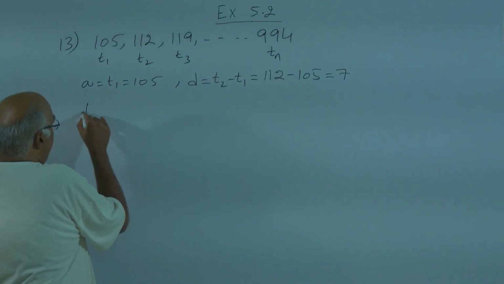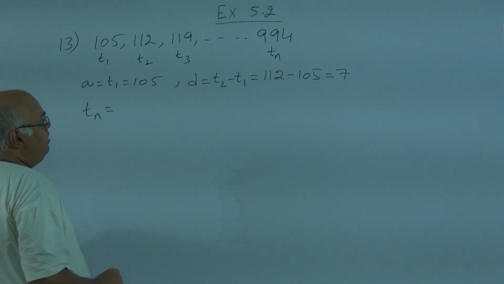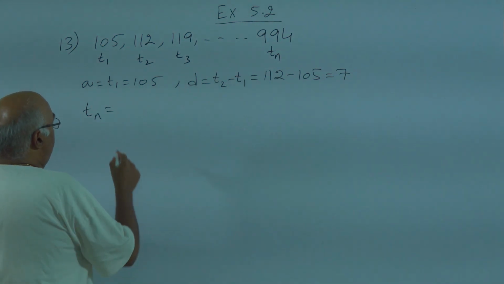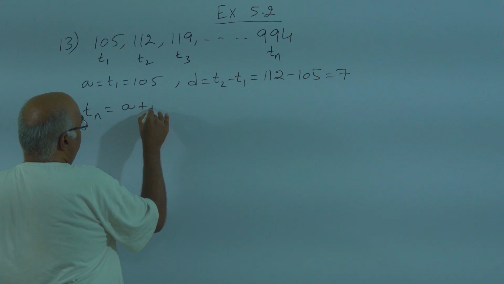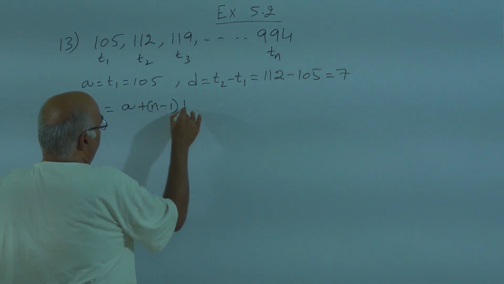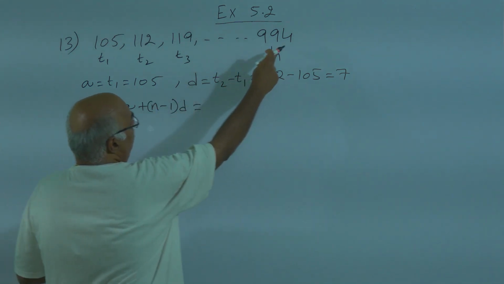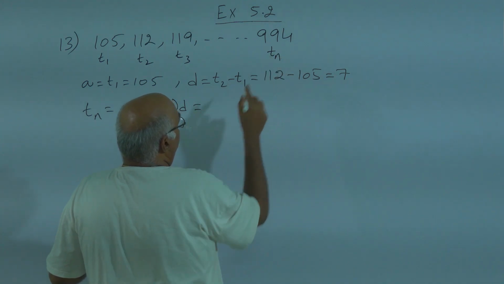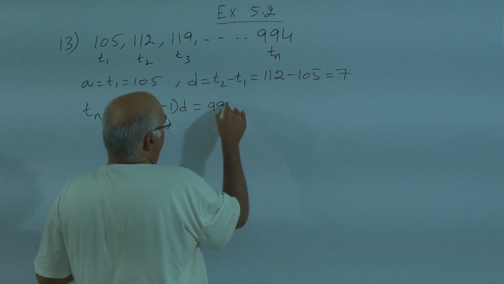So Tn, we know the formula for the nth term of an arithmetic progression is a plus n minus 1 into d. In this situation, the nth term is nothing but 994.